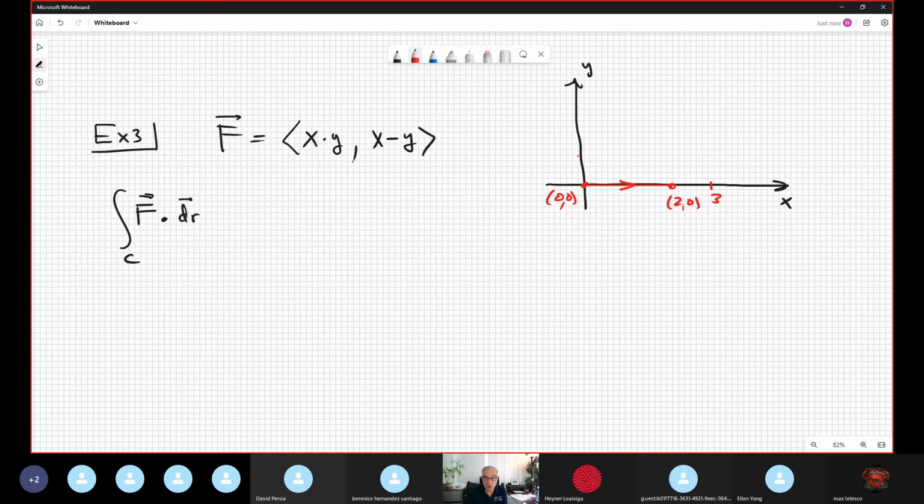This is 2, this is 3, another point here. So my curve C is C1 union C2, a compound curve formed by two pieces. There is no secret, this sometimes happens. By the way, this point is the point 3,2, no?